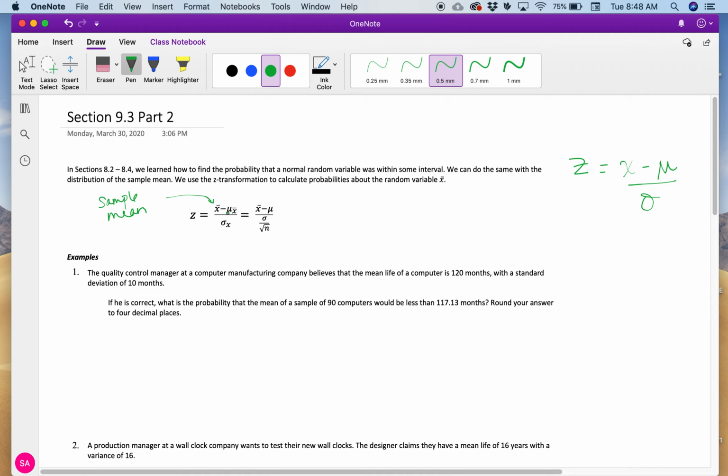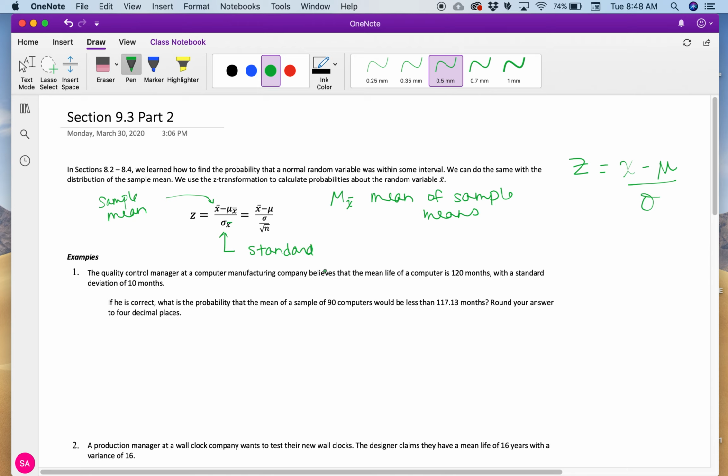And mu of x bar, that's the mean of the sample means. Sigma of x down here, that's the standard deviation. You know what, I'm sorry, that should be x bar.